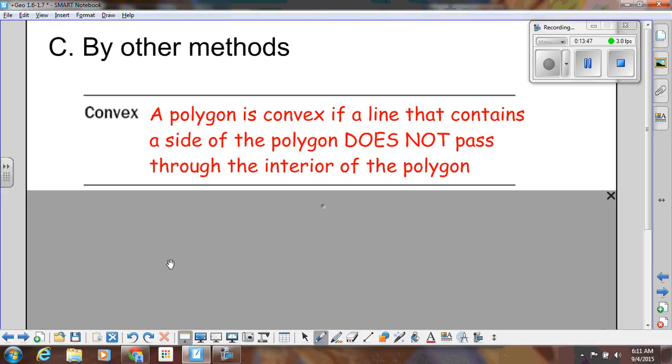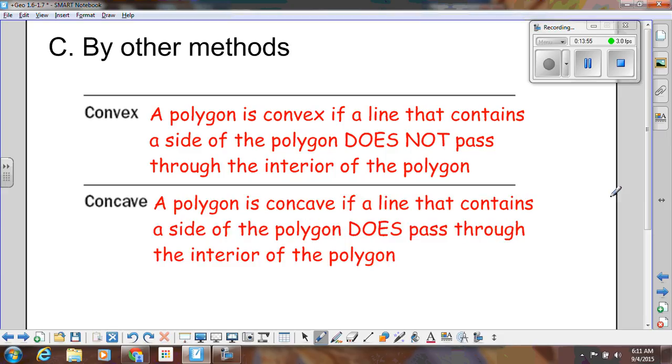Alright, we can also classify polygons by other methods. So what we mean by other methods is we can either call them convex or concave. Alright, and if you've studied lenses or mirrors, a convex mirror or lens kind of bends outward, and a concave lens or mirror bends inward towards itself.